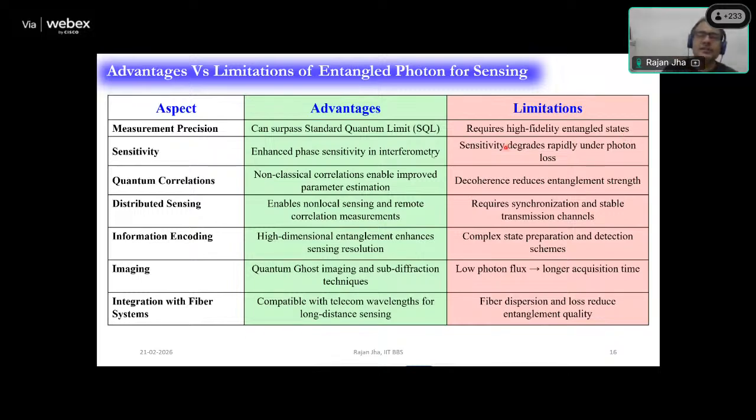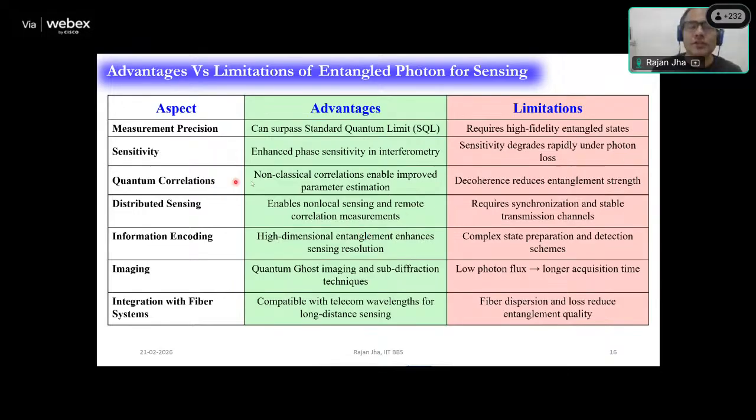Then an advantage is that it has high phase sensitivity for interferometry applications. But if photons are getting lost, then the sensitivity reduces, because you utilize those photons for sensitivity, and therefore sensitivity degrades rapidly upon photon loss.